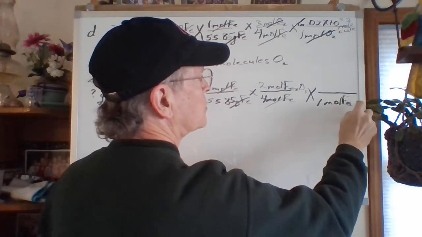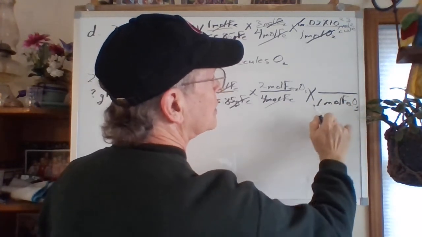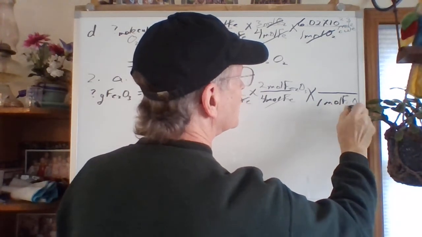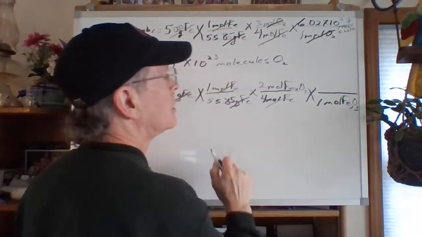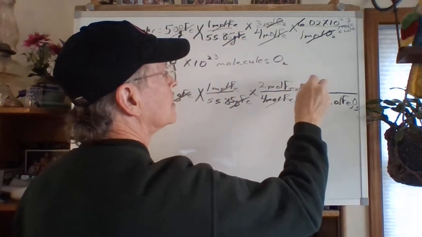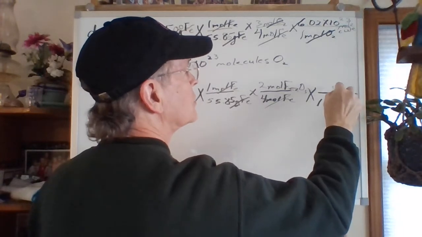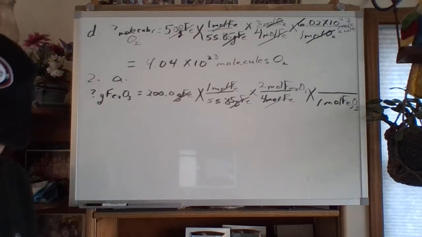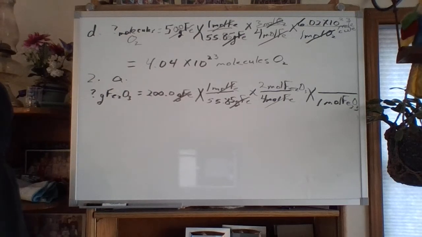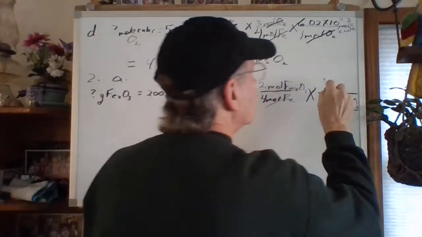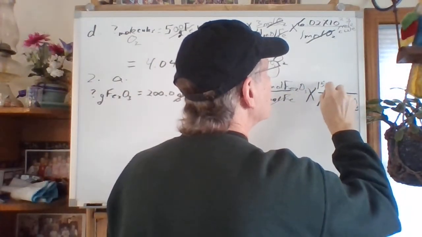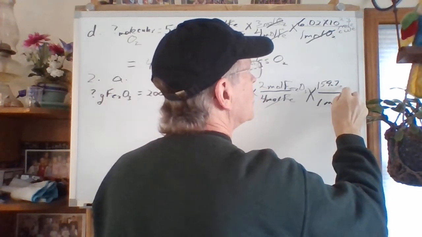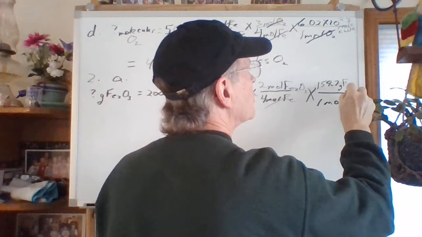The unit on the top needs to be on the bottom for the next step. Fe2O3, hard to write small, and how many grams is a mole of Fe2O3? Well, we had this before, 159.7, wasn't it? Yes. 159.7 grams of Fe2O3.